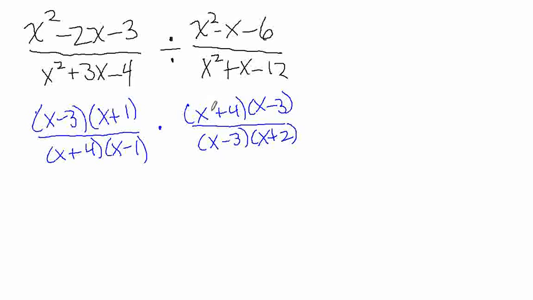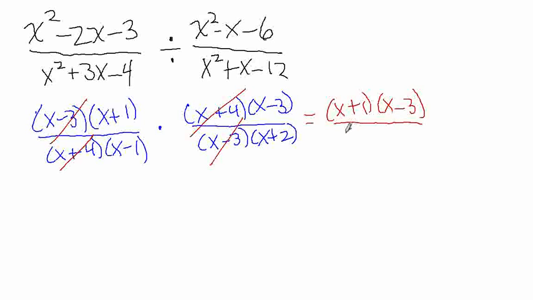So we have x plus 4 on top and bottom, x minus 3 on top and bottom. Let's see, it looks like that is everything. So putting it all together, x plus 1 times x minus 3 all over x minus 1 times x plus 2.